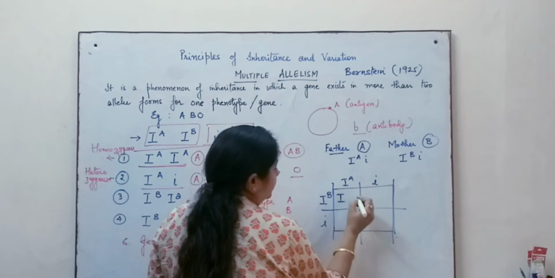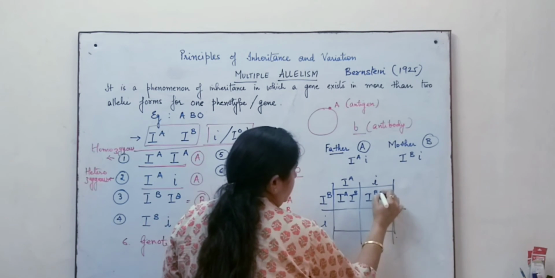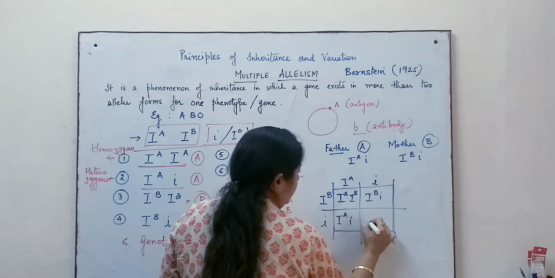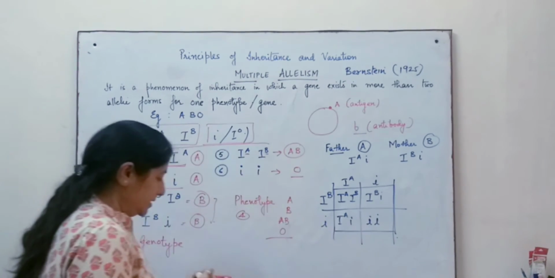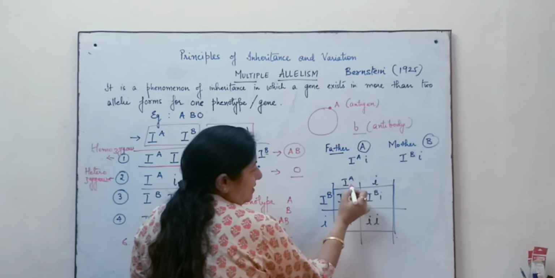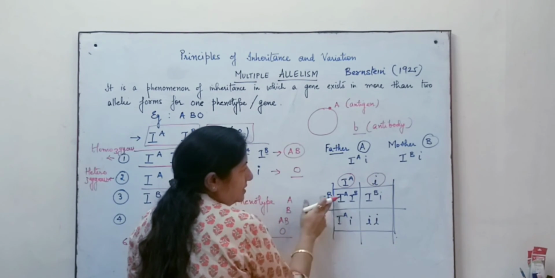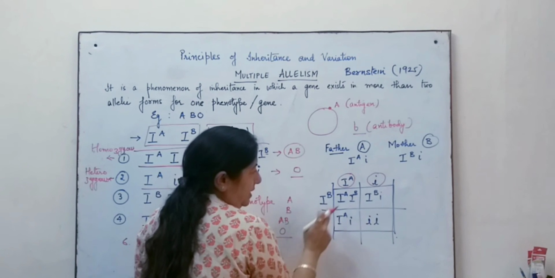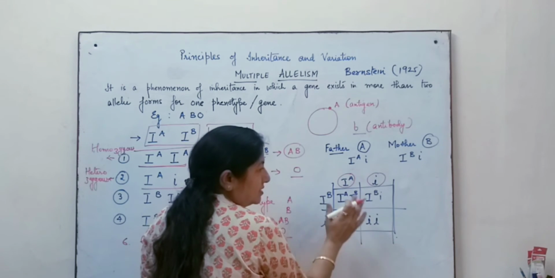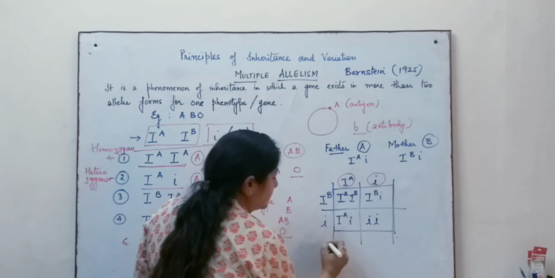Now, on crossing, as you can see, the gametes formed by the father are IA and small i, whereas the mother has IB and small i. When the crossing takes place, the chances of all 4 types of blood group are there, with a 25% chance for each.